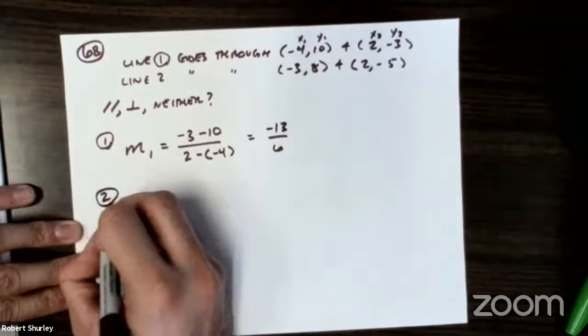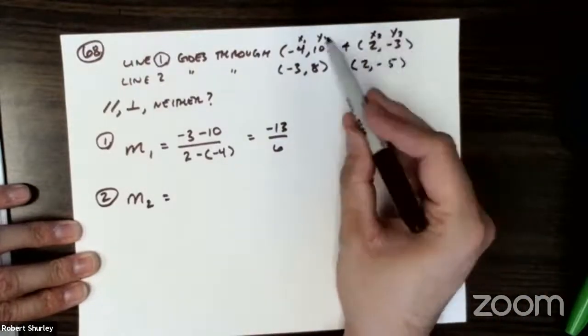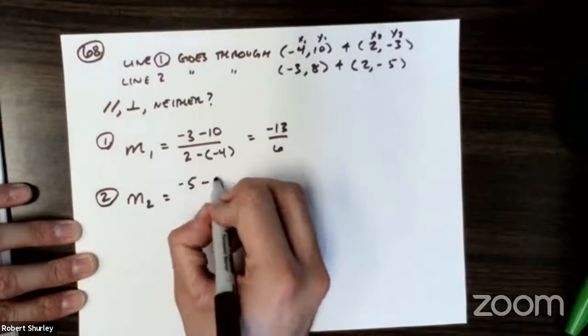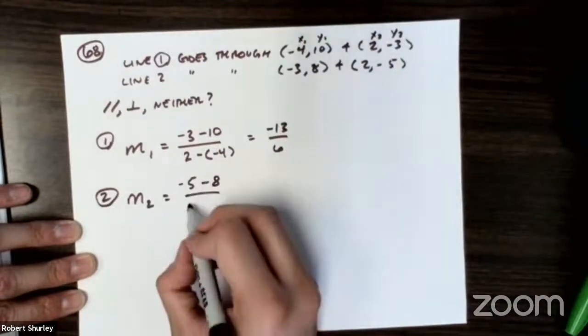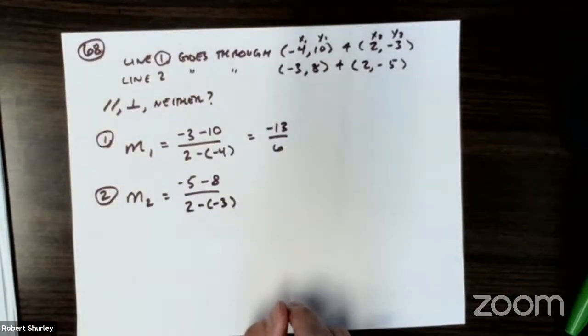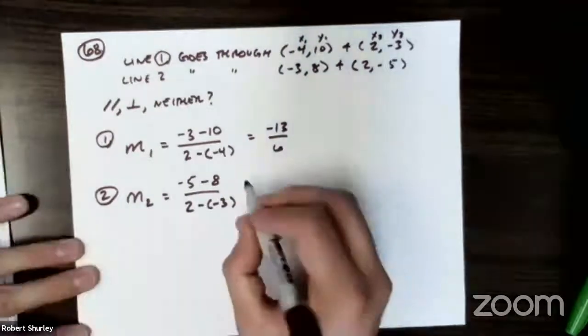Okay, so let's look at the second one. We'll do m sub 2 here. And again, I'm going to keep these same labels just vertically. So we wind up with -5 minus 8 over 2 minus a -3, right? Well, -5 minus 8, that's -13.